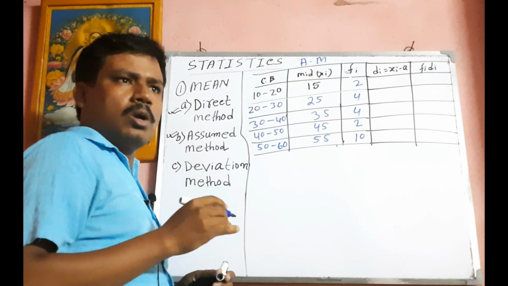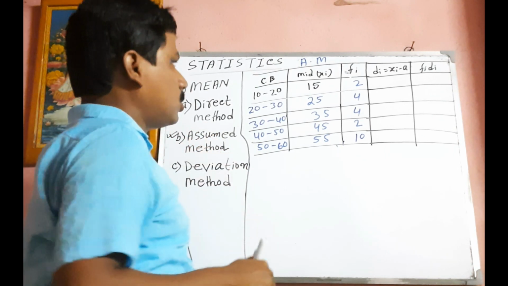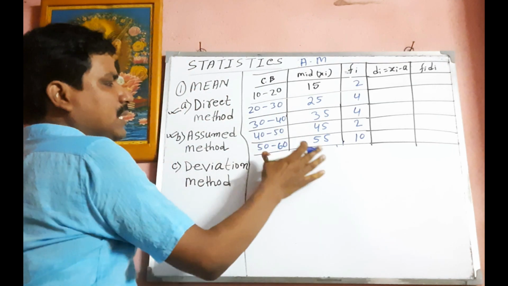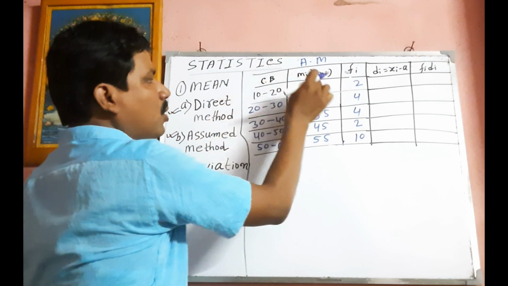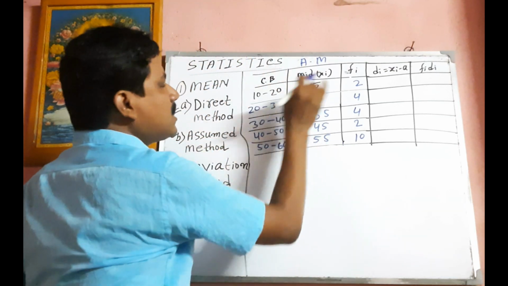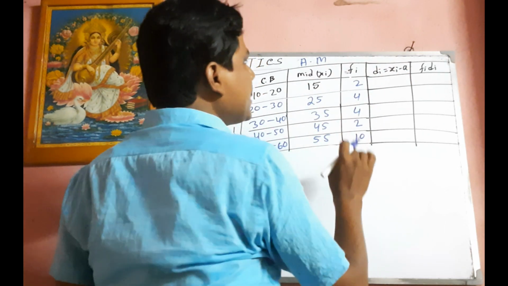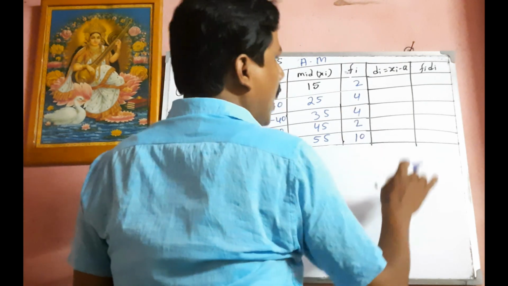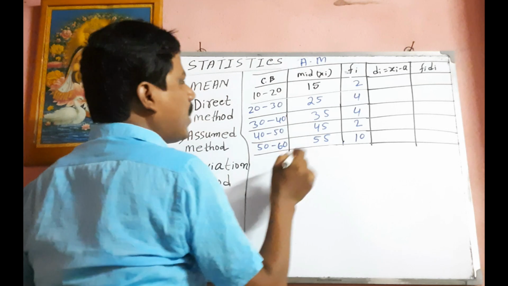In this data, there are the class boundaries, the mid of the class, fi, and di. di is equal to xi minus a, and the last part is fi di, the multiple of fi and di.